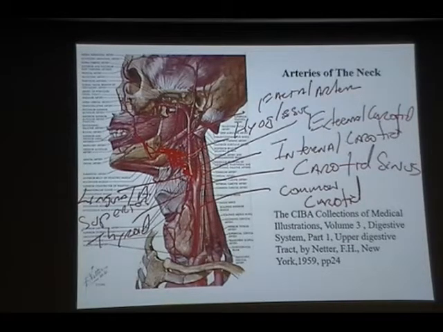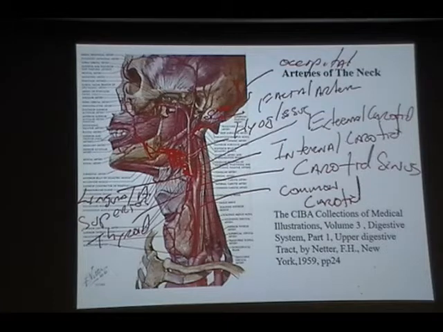Here is the SCM, sternocleidomastoid, and coming off here deep to the sternocleidomastoid and coming underneath it to the back of the scalp, this is the occipital. And then the back part of the mandible and the ramus have been removed, including the condylar neck.